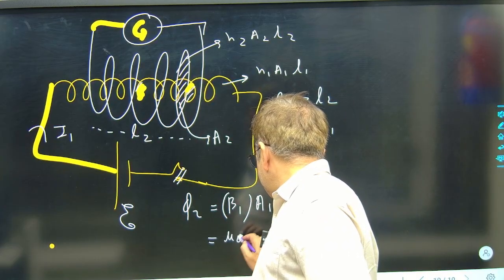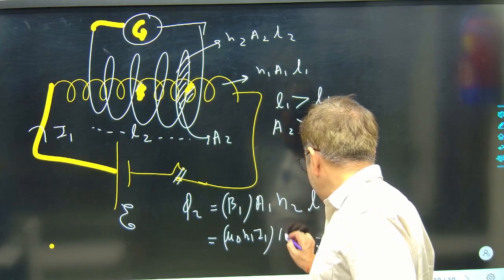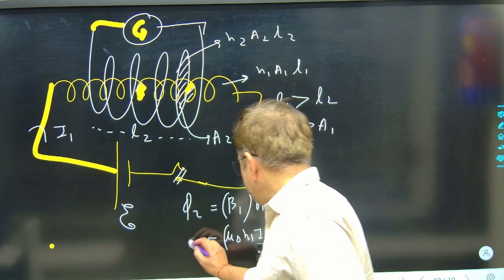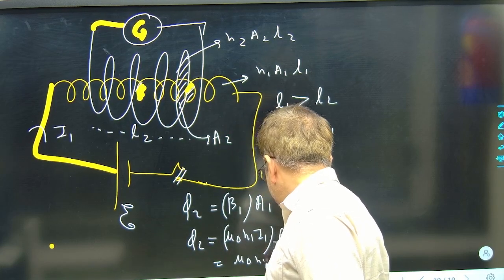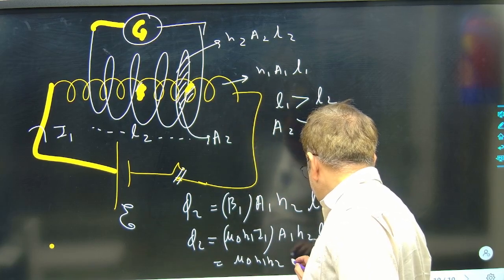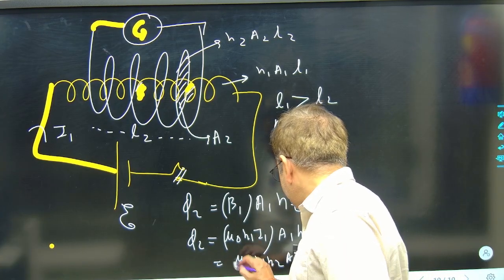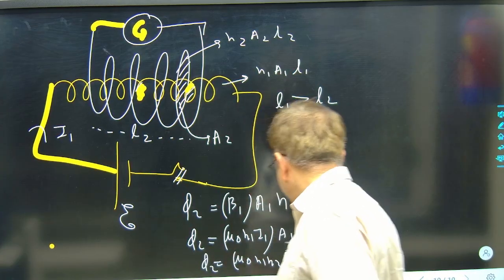Now put in the values. B1 is mu naught N1 I1, and phi 2 is B1 into A1 N2 L2. Hmm, rather: mu naught N1 N2 A1 L2 times the coefficient I1 gives phi 2.